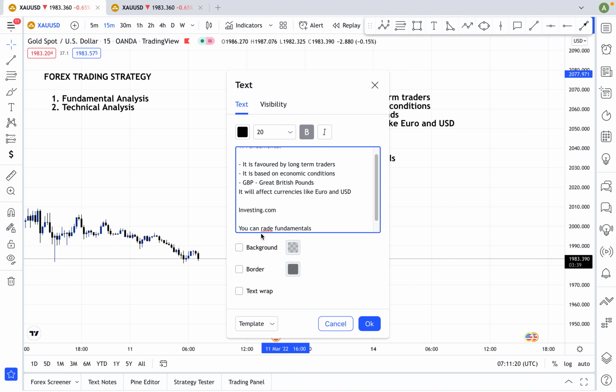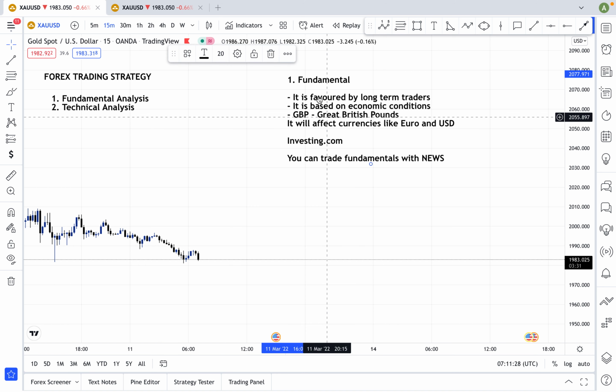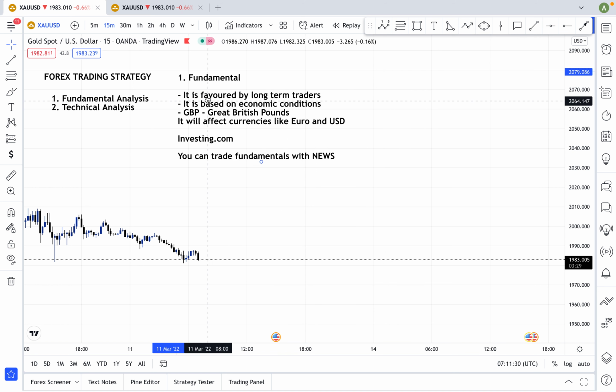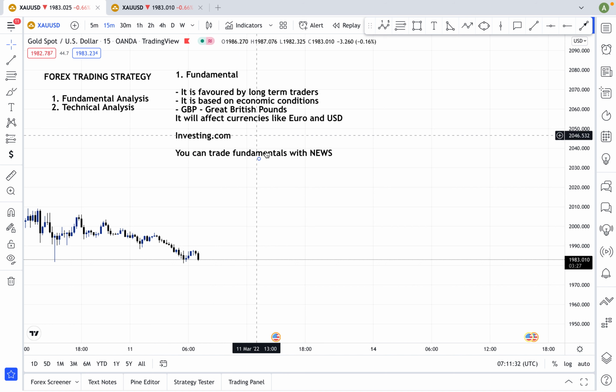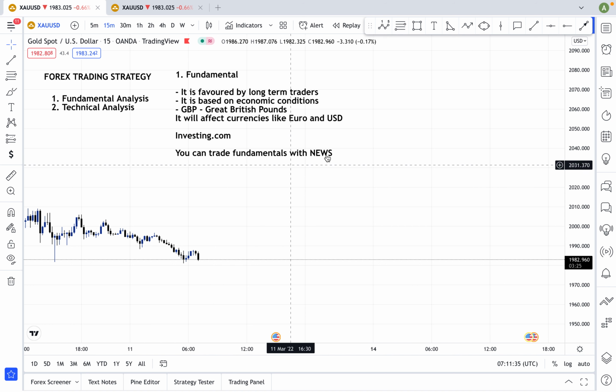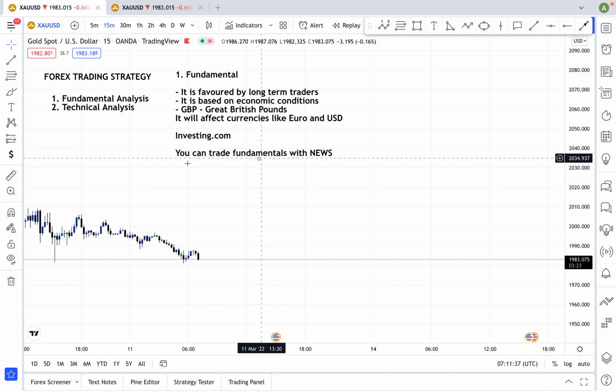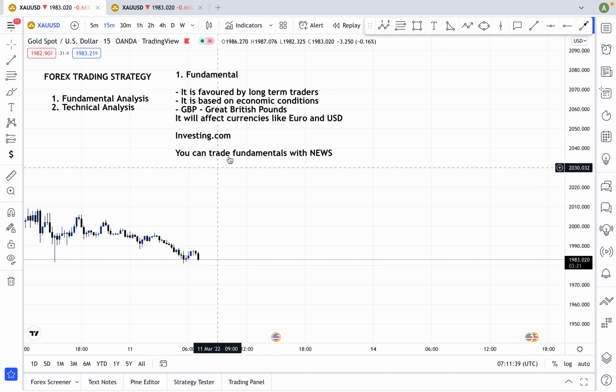We can trade fundamentals with news. Yes, this is how we trade it. We trade it with news, because once a particular news comes out, we tend to know what is going on in the market. We have different types of news, NFP, different types of them that come.